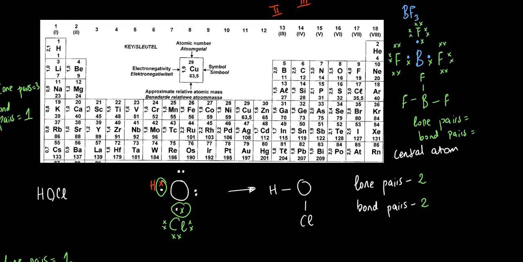Okay. And then how many lone pairs? 9 lone pairs? No, remember, there will be 0.